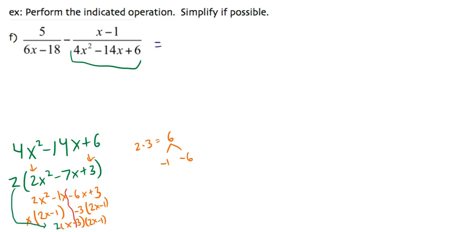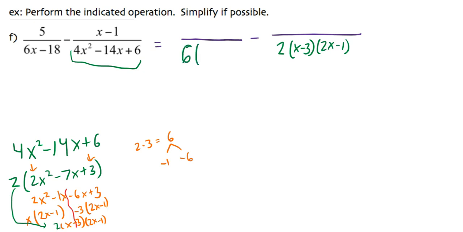So when I go to factor this, 2x minus 3, 2x minus 1, and the other denominator factor is pretty straightforward.